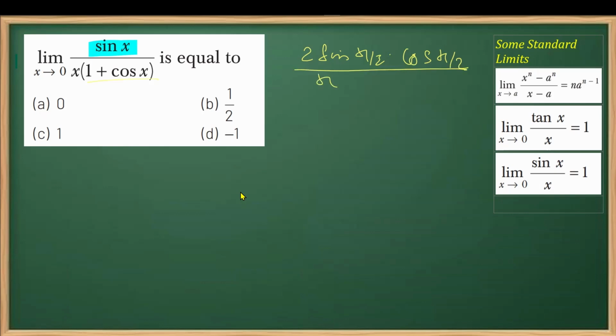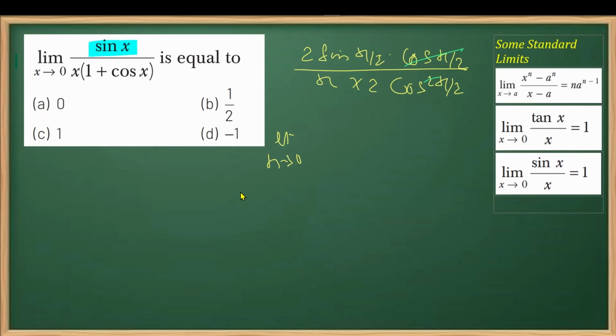And what is 1 plus cos 2x? That is 2 cos square x over 2. Now from here I can see one cos gets cancelled. I forgot to place the limit, which I'll place in the next step. This is limit x tends to 0.